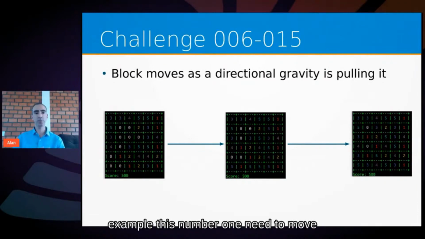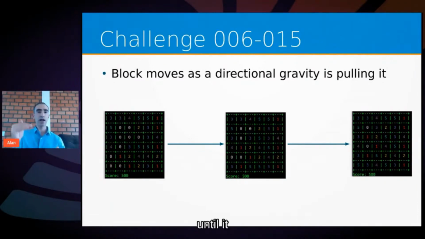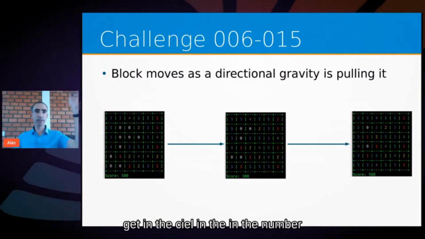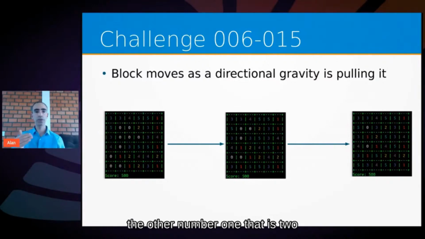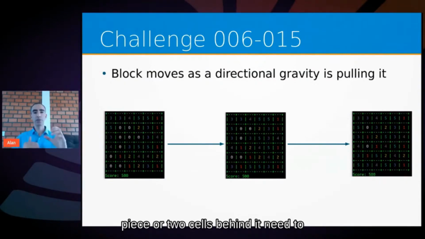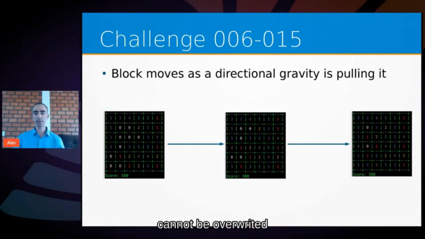So, for example, this number 1 needs to move until it gets to the cell under the number 3. But after that, the other number 1, which is two cells behind it, needs to move to the next empty cell, and it cannot be overwritten.